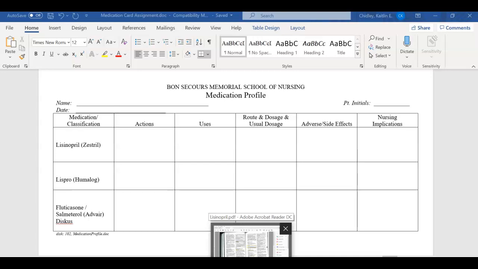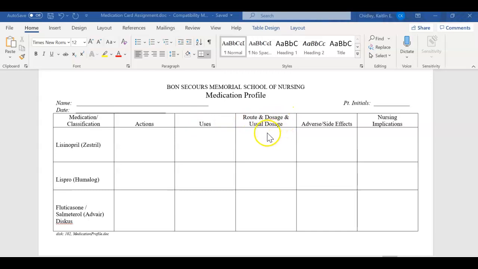I'm going to show you in the drug book, and I will warn you, this is an old edition of the drug book, so the page numbers that you see here may not be exactly right, but this medication has not changed. So lisinopril here, I'm going to show you some of these things. So we're looking for classification, the action, which I'll show you in a second, the uses, route and dosage.